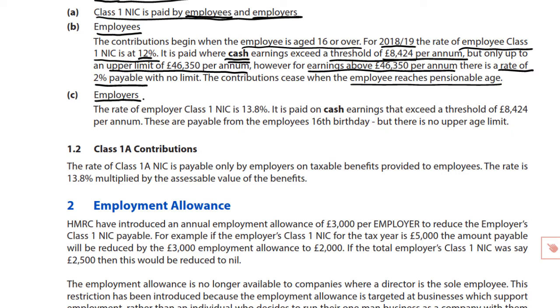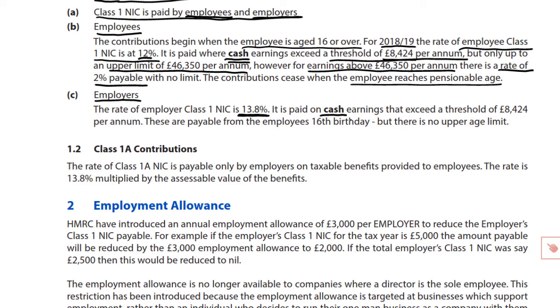Employers, well, theirs is an easier calculation to perform because there's only one rate of employer Class 1 NIC, and it is, well, a slightly higher rate than the main rate for employees, 13.8%. Again, it is on cash earnings, as we saw for the employee.